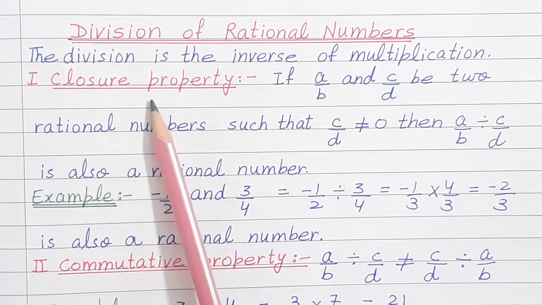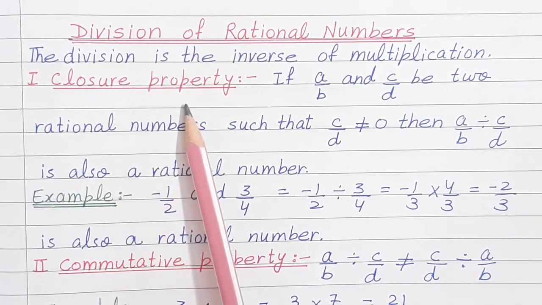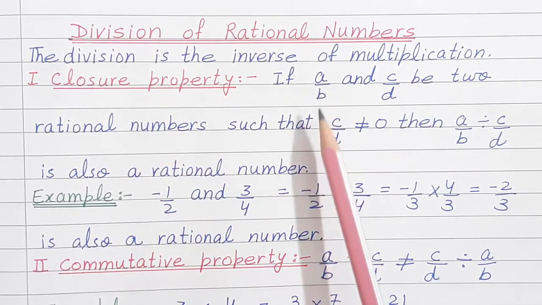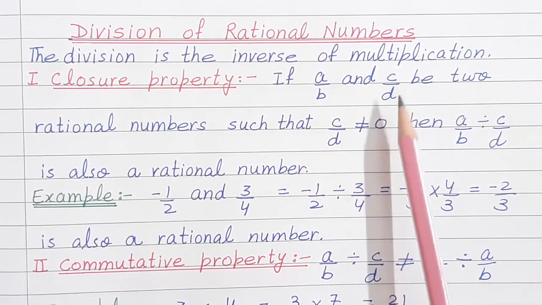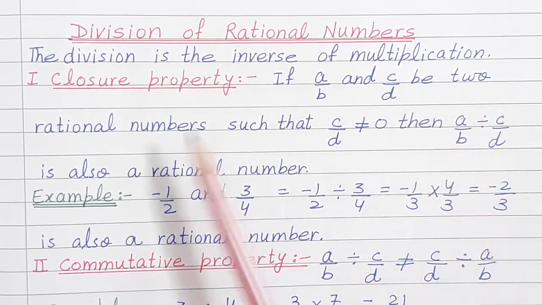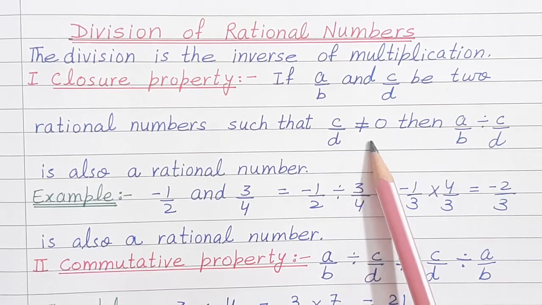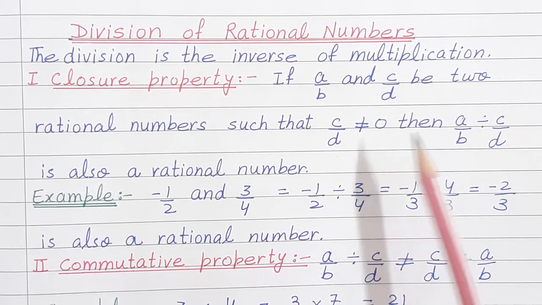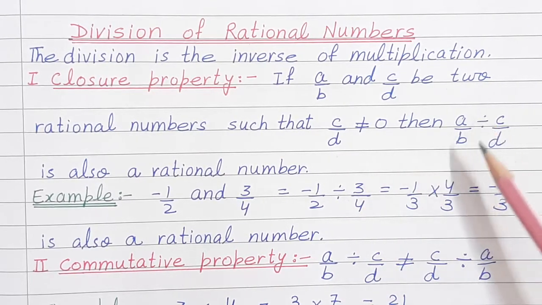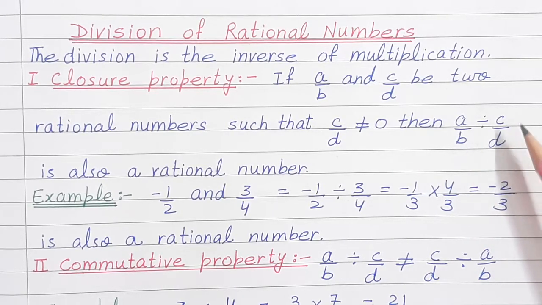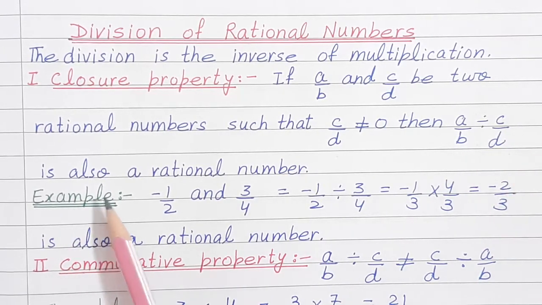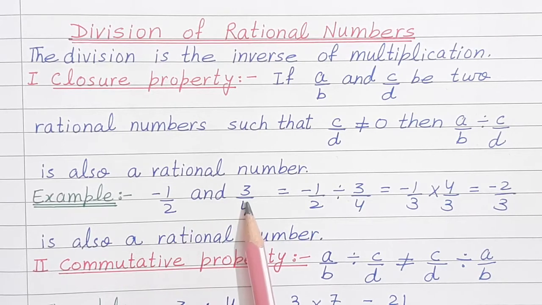So let us discuss the first property, that is closure property. If A upon B and C upon D be two rational numbers such that C upon D is not equal to 0, then A upon B divided by C upon D is also a rational number.